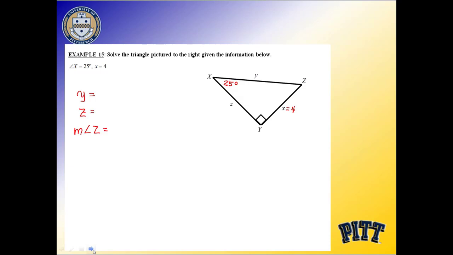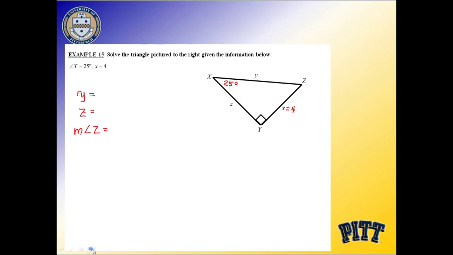Now, one of the things you have to do when you deal with problems involving right triangles, if you're asked to find all the missing information, is start with the easiest thing first and work your way to things that require more information about the triangle.